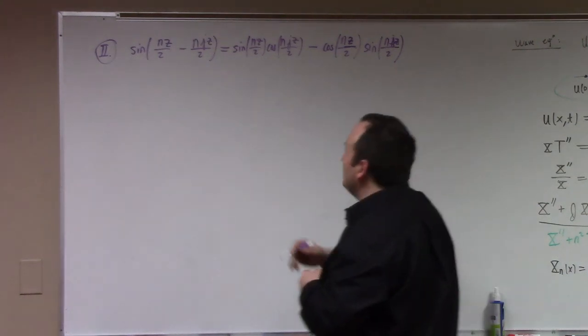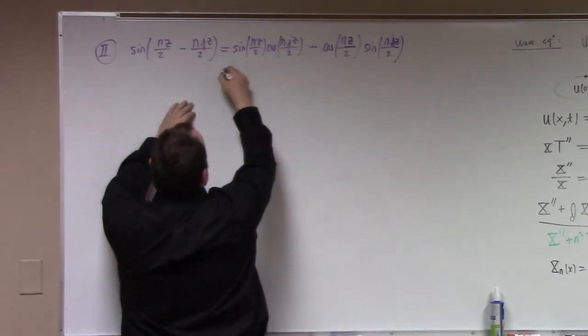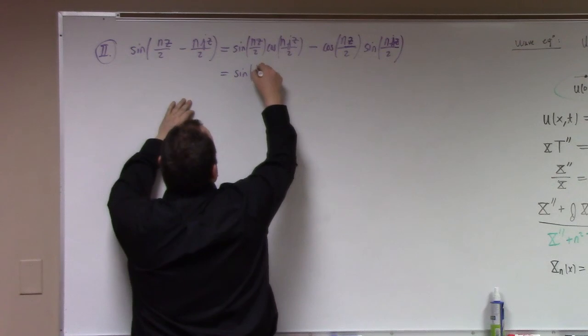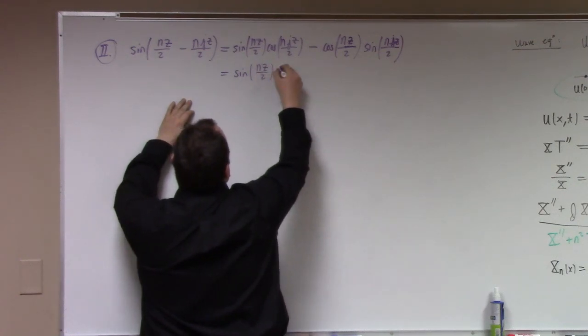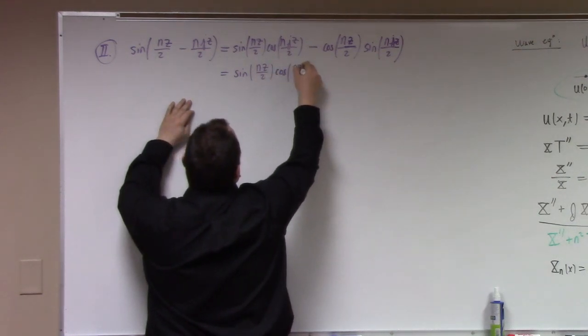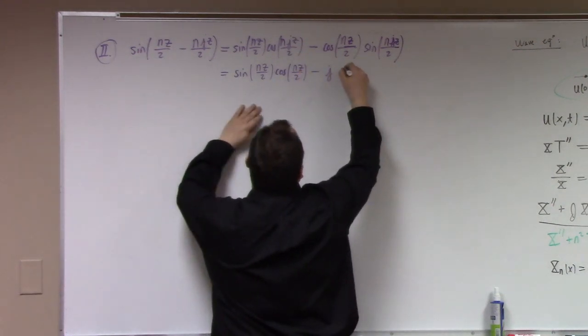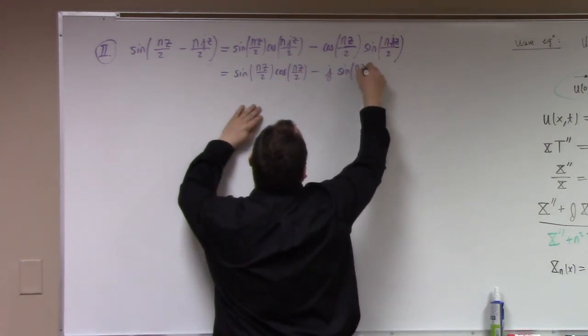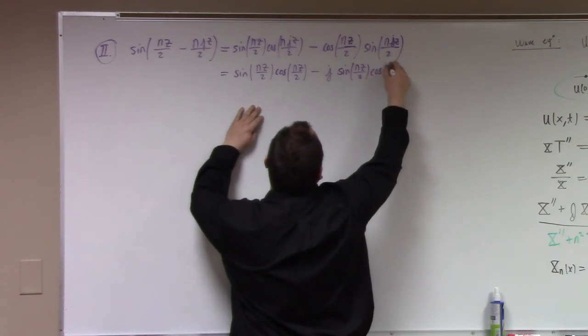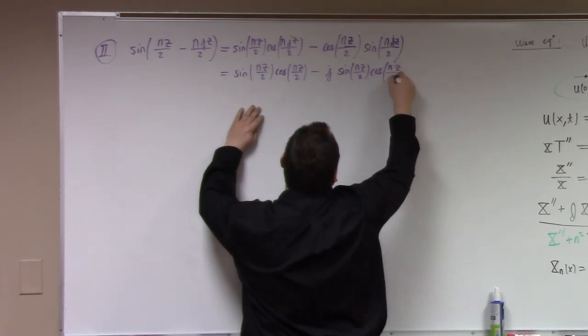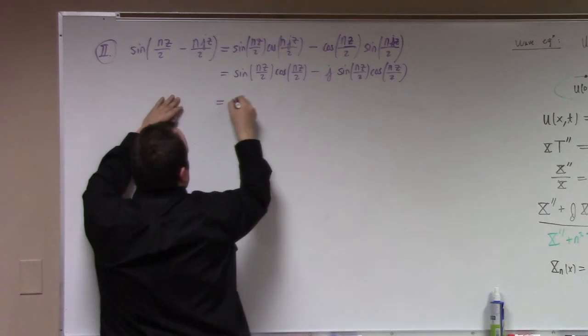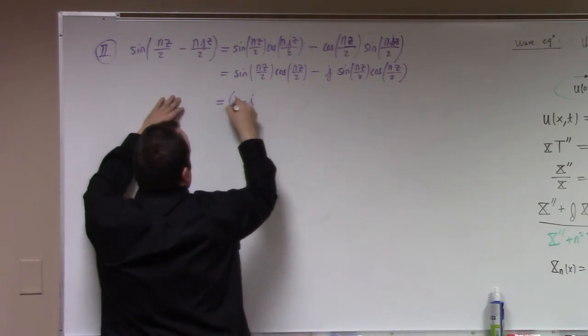Okay, so absorb the j. Pull it out of the other one, right? Write them in the same order to make it manifestly obvious what we're going to do. So that's 1 minus j, right?